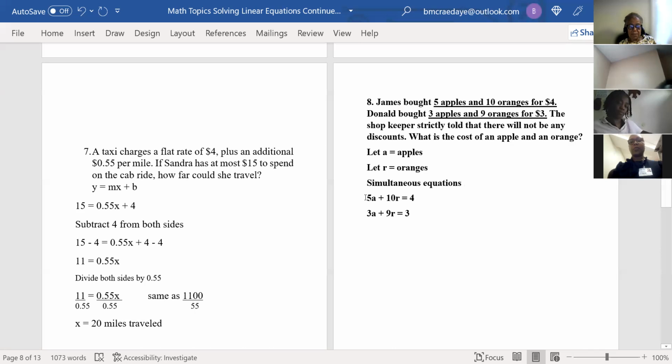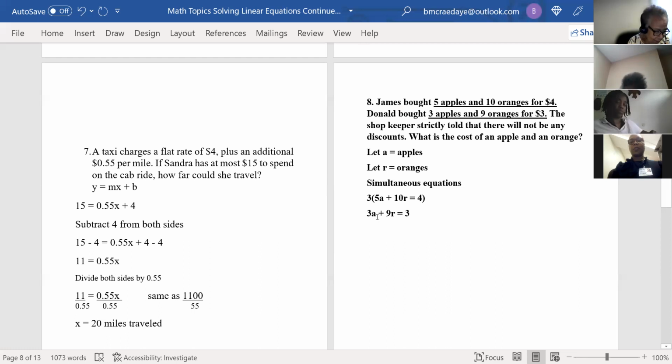So if I can make this 5A 15A and make this 3A 15A, then I can subtract the equations. So you take this equation and multiply the whole equation by 3. I'll put a 3 in front of this. That means you're multiplying the entire equation by 3. And for this one, we multiply by what?